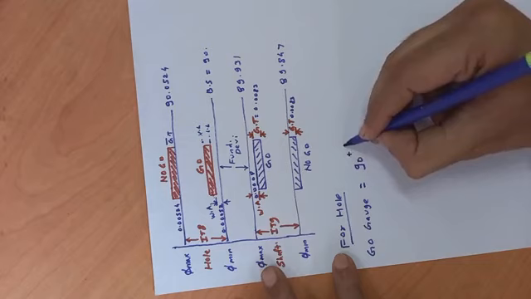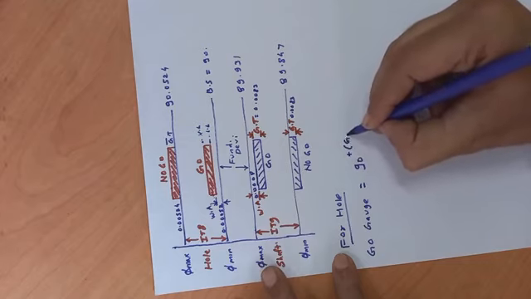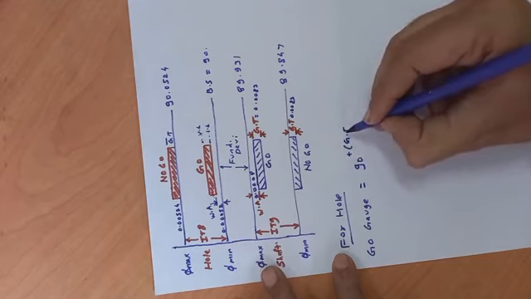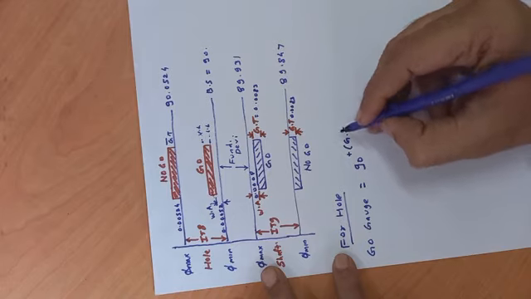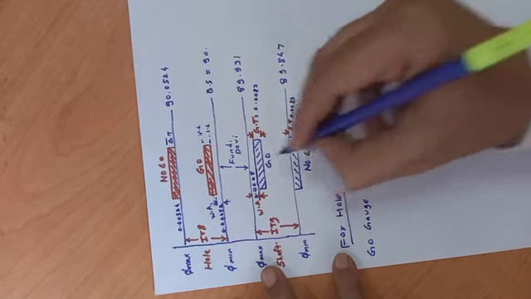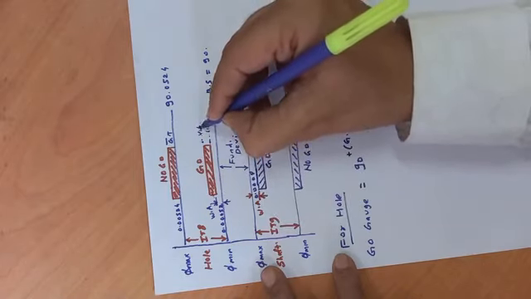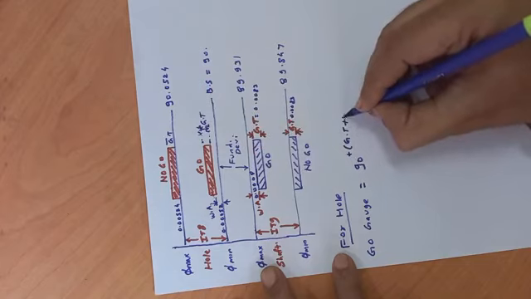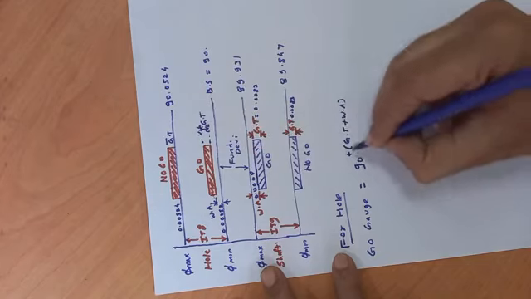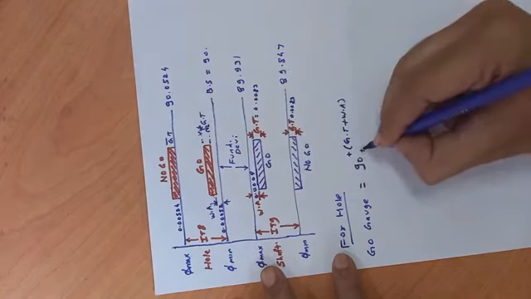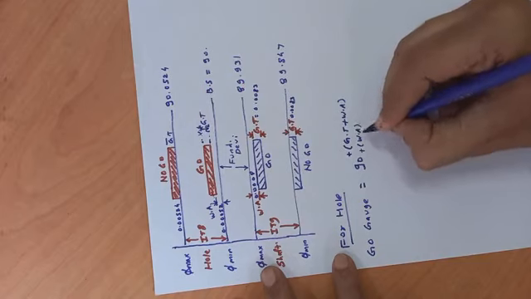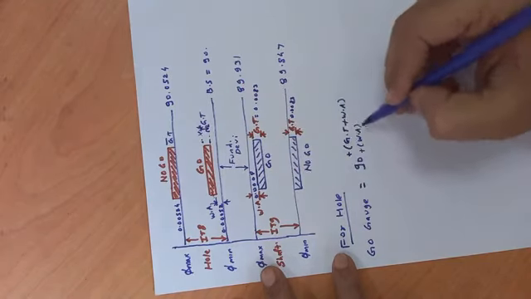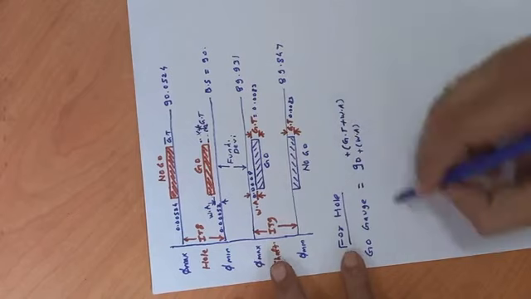So plus gauge tolerance, plus wear allowance, and this is gauge tolerance, right? Gauge tolerance plus wear allowance, or it is up to wear allowance. I have not written the values here.